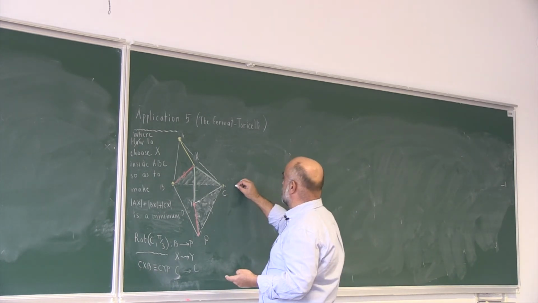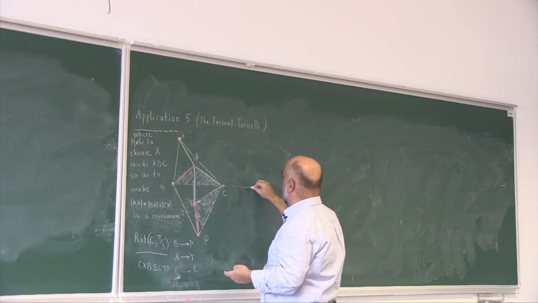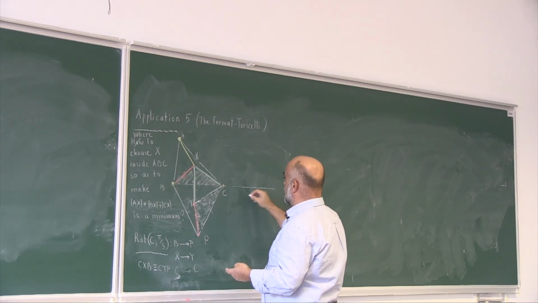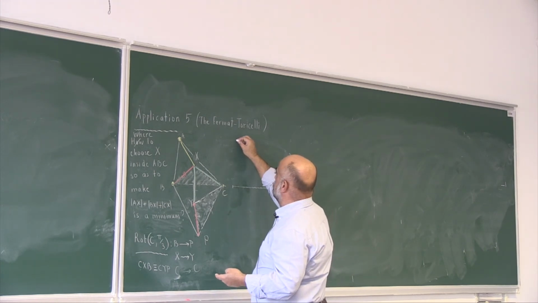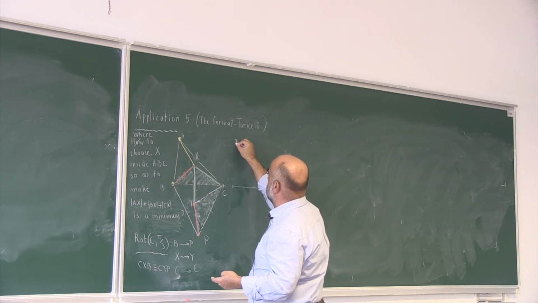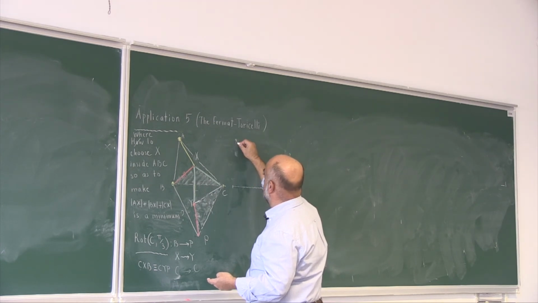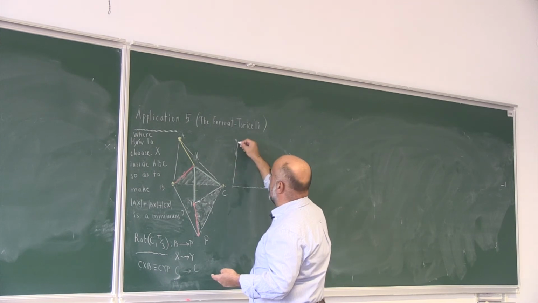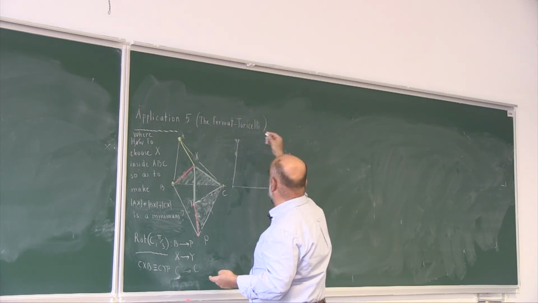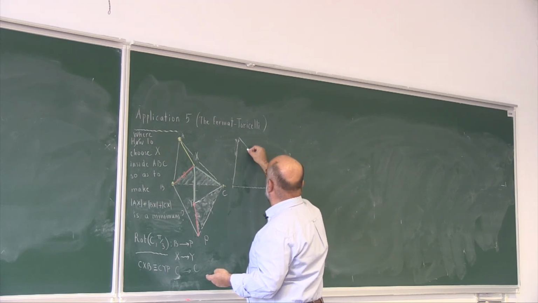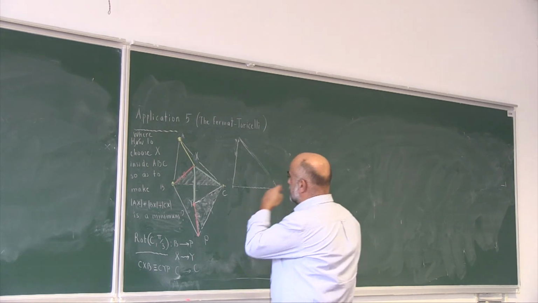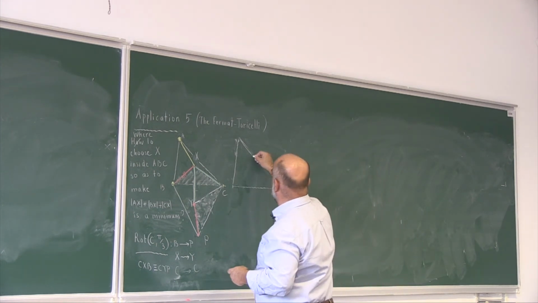So let me do it again. Let me draw the same triangle. Now that's a little creepy. I never can manage it, but I shall try. Okay, that's the very same triangle, hopefully.